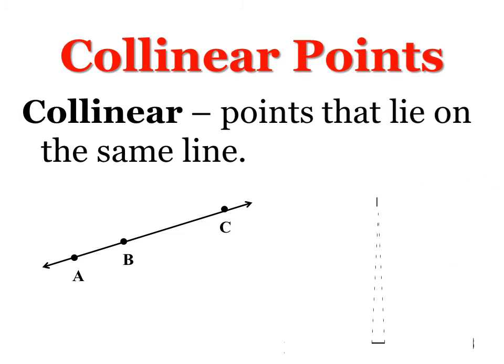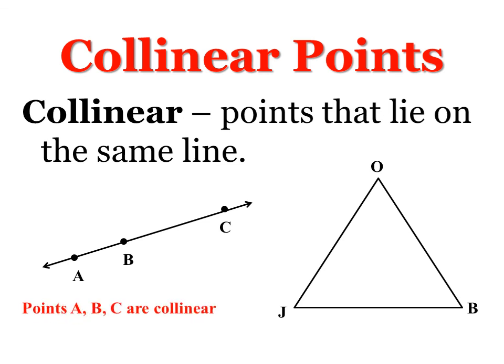Therefore, points A, B, C are collinear. How about on the other figure? What are the collinear points? Okay, so we have points J, O. Can you see that? Points O, B and points B, J. They are collinear.